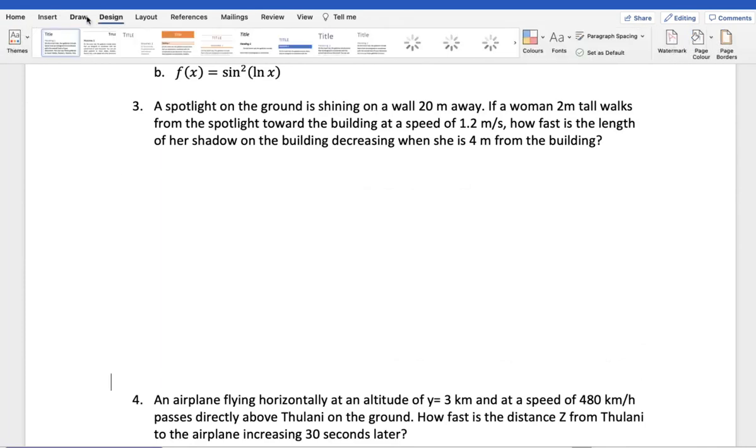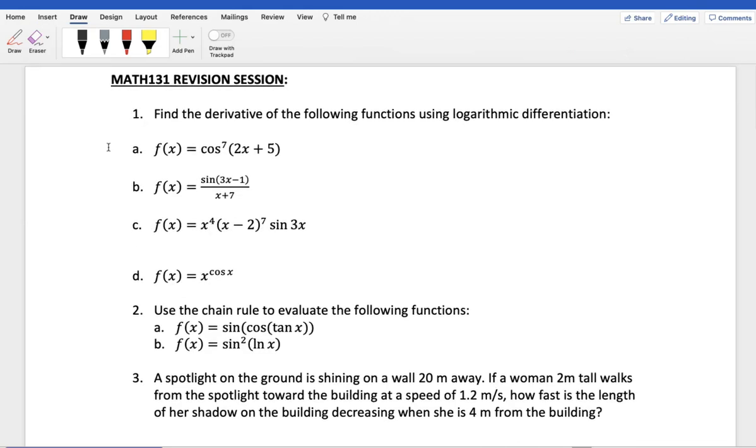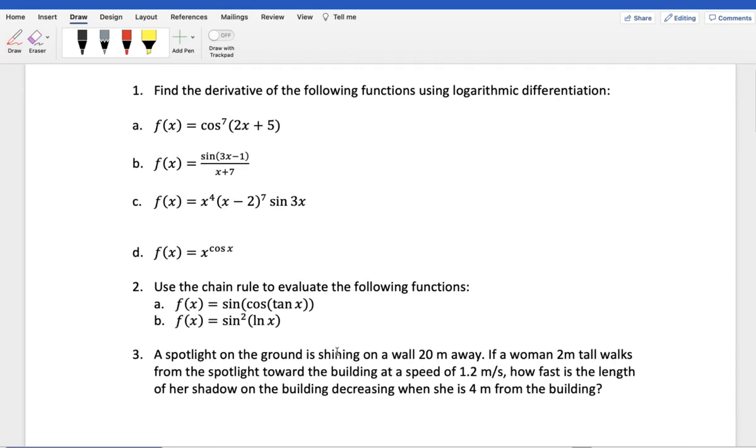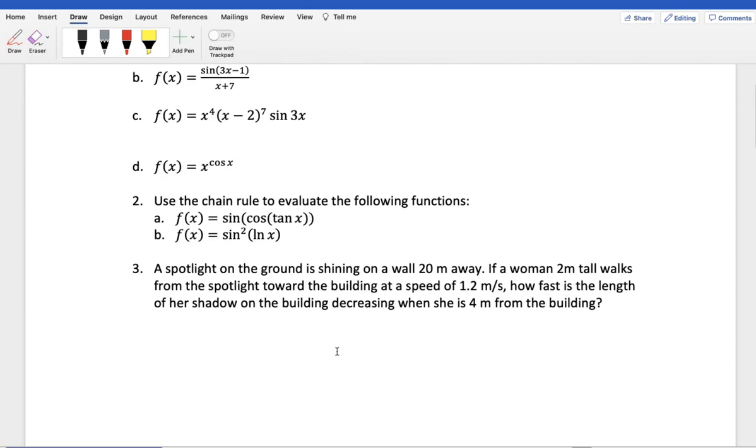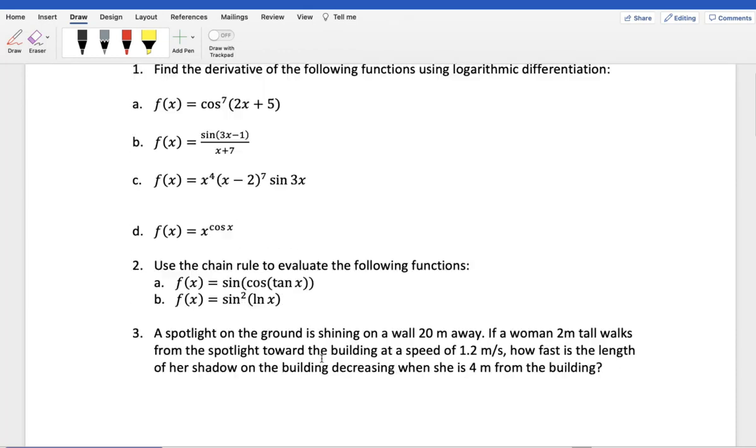Hopefully you're all fine. We'll look at a few problems from the revision session for 131, and I included some questions on derivatives and chain rules, but I think those can be exercise questions that you want to look at after we finish the session.